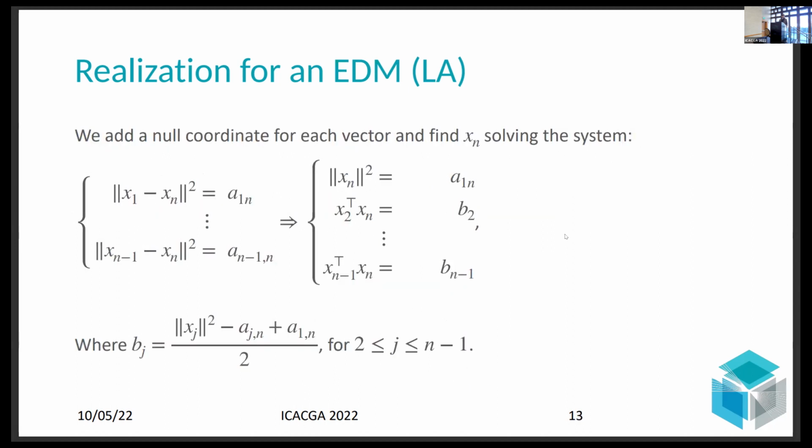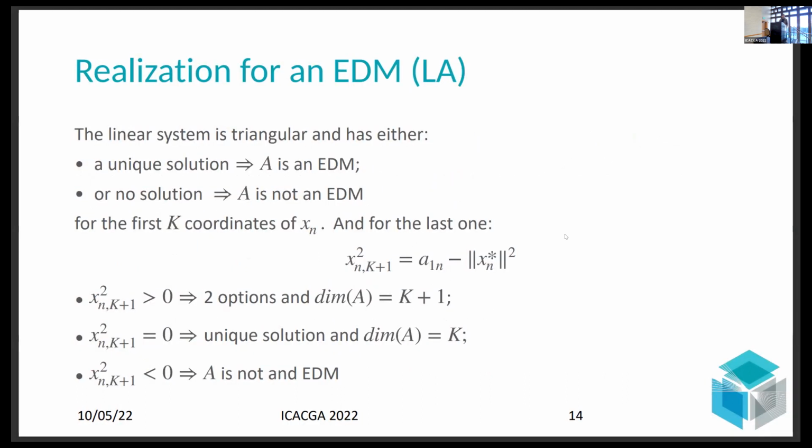Now we have a much bigger nonlinear system, but again, we can transform it into a linear system for the first k coordinates. If we have a unique solution for these first k coordinates, A is not an EDM yet. Okay, it can be an EDM.